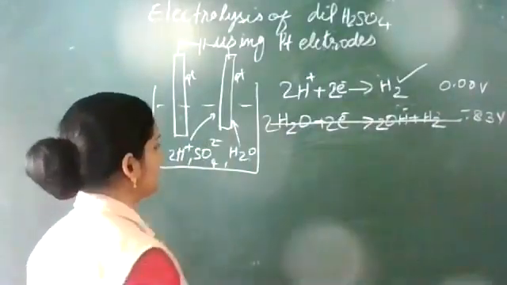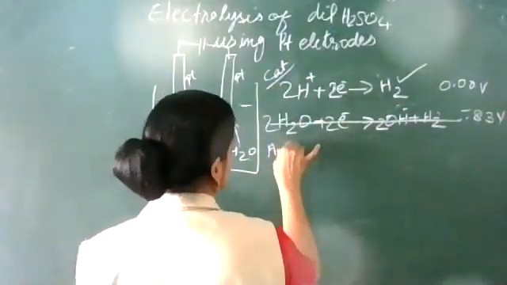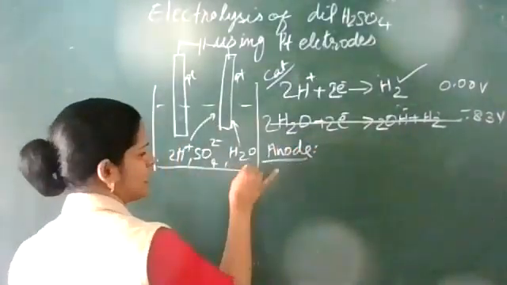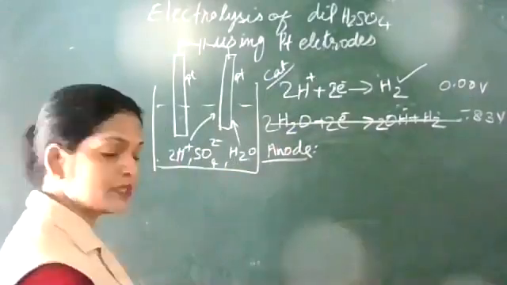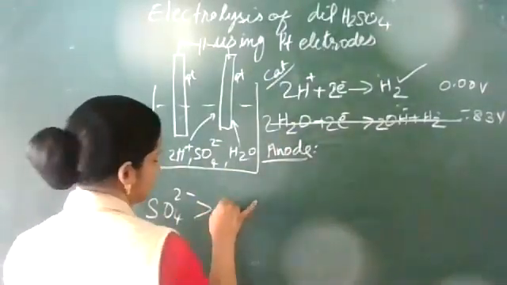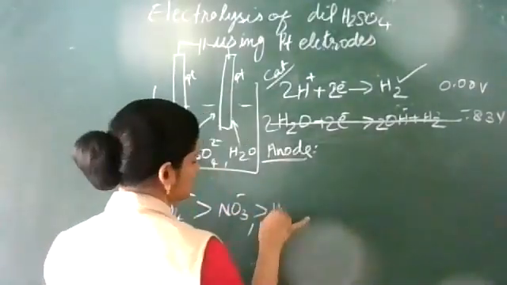And at the anode, again there is competition between sulfate and H2O. Go to the trend. What is the trend? SO4 2 minus, NO3 minus, H2O.